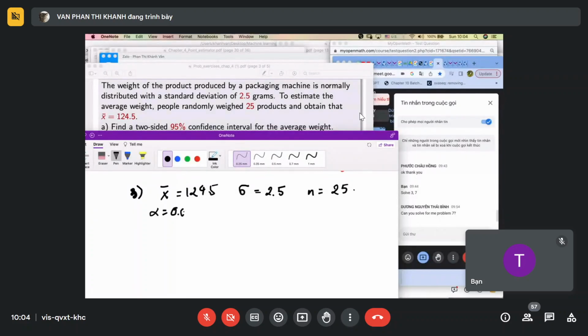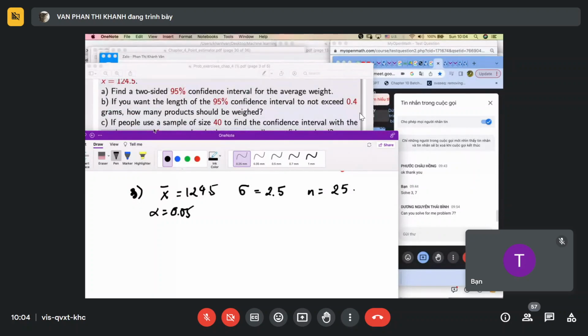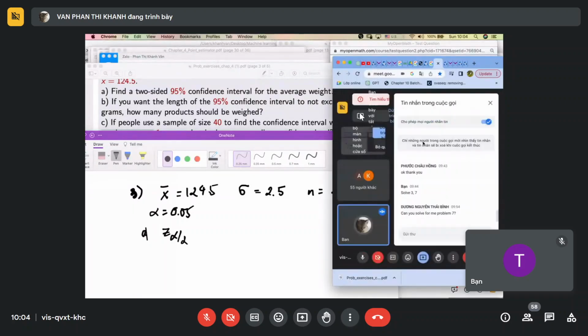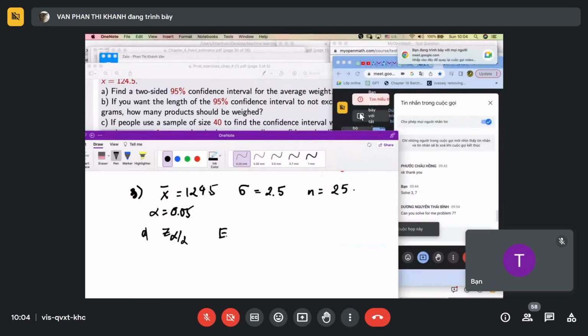Alpha here is 0.05 because 95% confidence. So for the first problem, we find z alpha over 2, right? And after that, we find error. It is z alpha over 2 times sigma over square root of n, right? And our interval will be x bar minus E to x bar plus E.